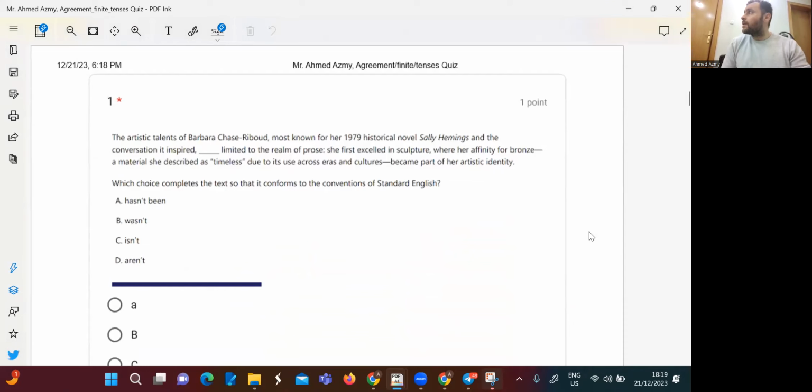Bismillah. The last one was, whose turn? If you go through the choices, we have hasn't, wasn't, isn't, aren't. There is a pattern here, my friends. What is the pattern? It's his turn, please.